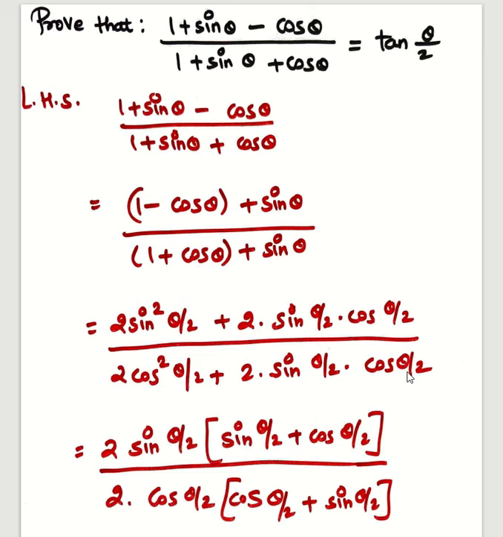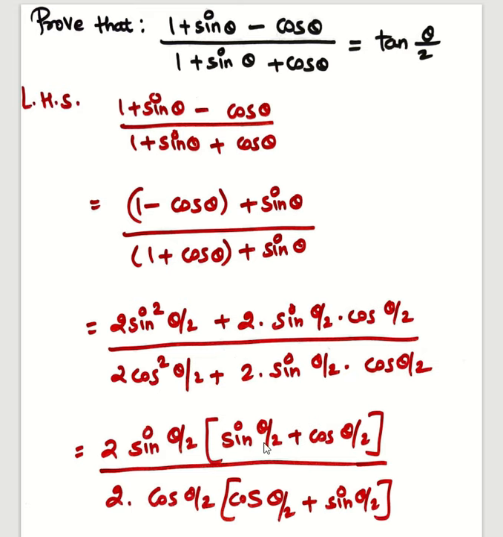Now in the numerator, two things are common. This is your first term and this is your second term. First, 2 is common in both the terms. And one more thing is common, sin θ/2: here 2 times and here 1 time. So we'll take 2 sin θ/2 common.